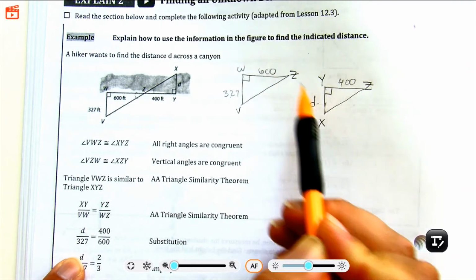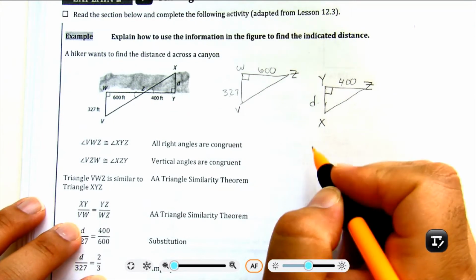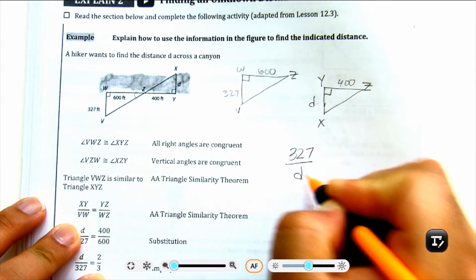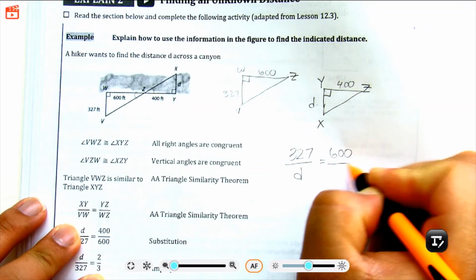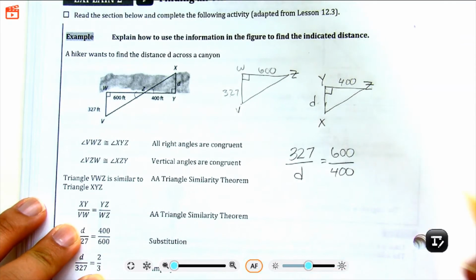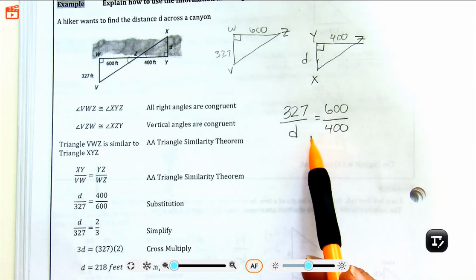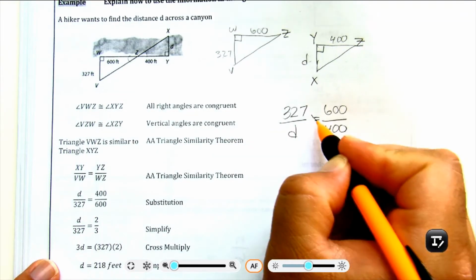So let's write 327 over D is equal to 600 over 400. Now notice mine looks different than theirs, but what happens when I cross multiply is that we get the same kind of solution.